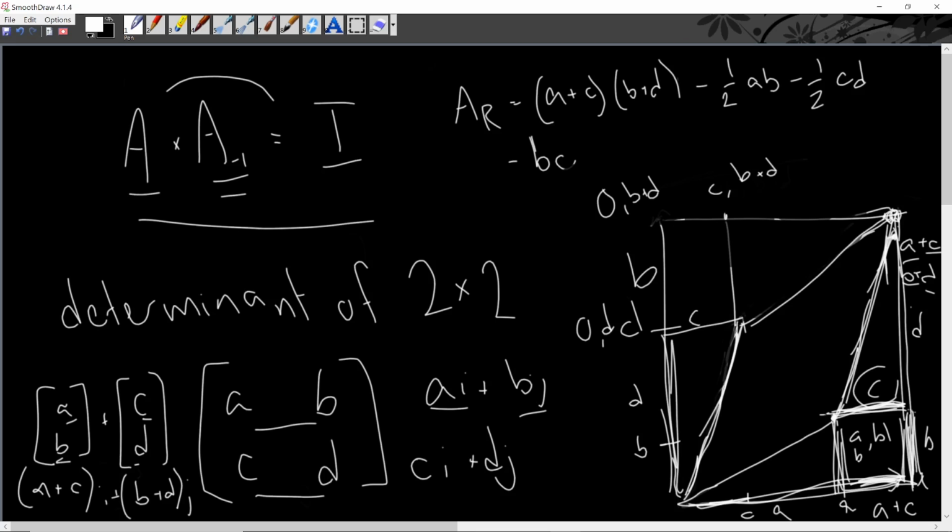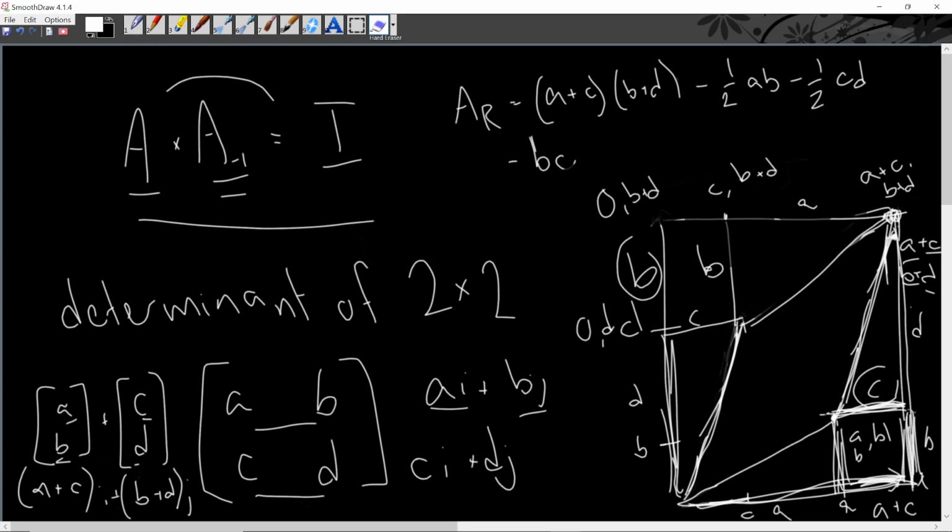This is C, B plus D, and this is A plus C, B plus D. So this distance has to be A, and then this distance has to be C. We actually don't even need to calculate this. We know that this is B from there, because this is a rectangle.